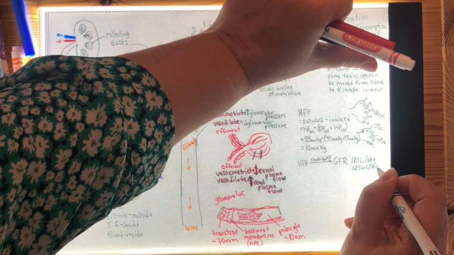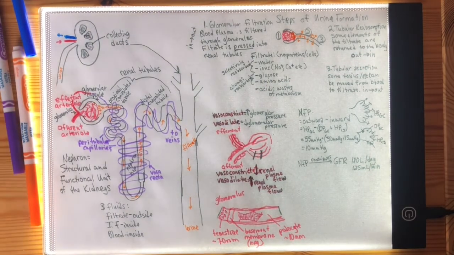Your GFR, the amount of filtration produced by your kidneys, is about 180 liters per day, which works out to about 125 milliliters per minute. At least this is typical for males. Women tend to be around 100 milliliters per minute. So the glomerular filtration rate is heavily dependent on a nice, healthy net filtration pressure.